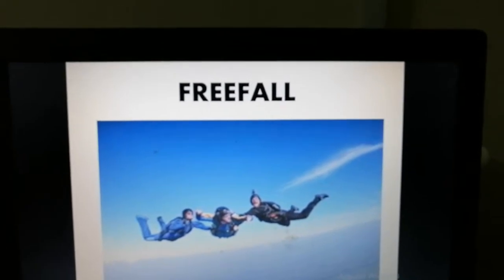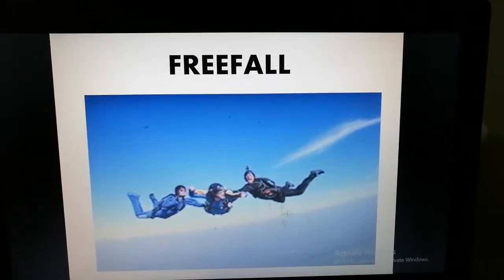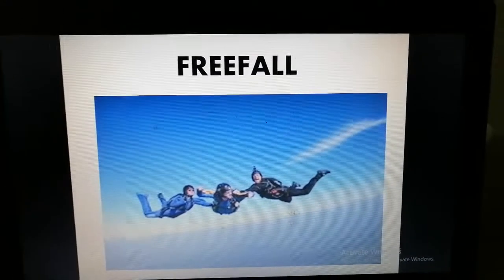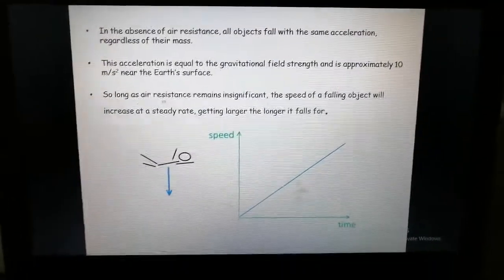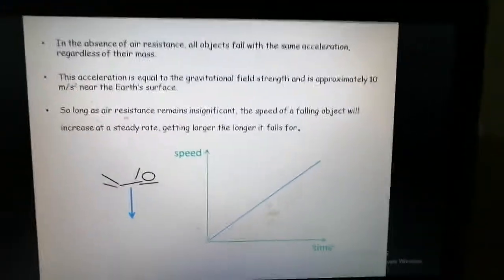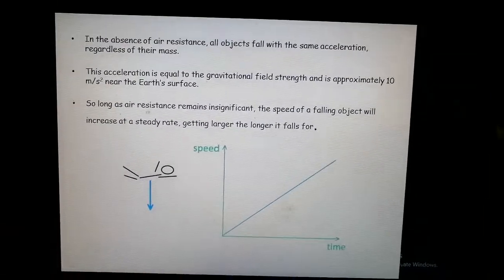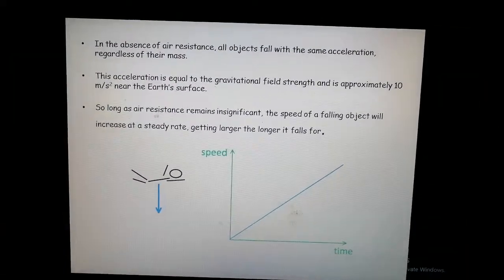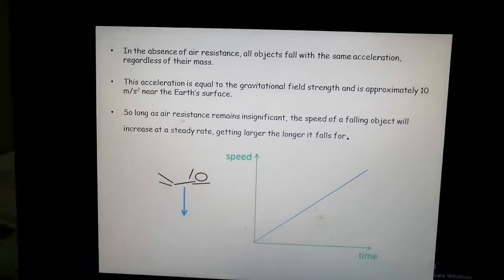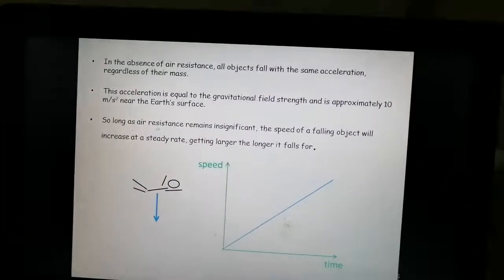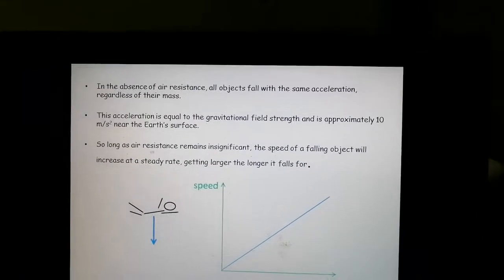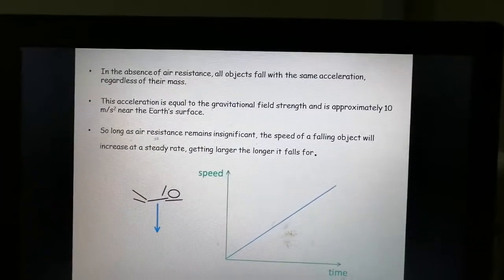Okay, so we continue our revision about free fall. In the absence of air resistance, all objects fall with the same acceleration regardless of their mass. Free fall is the absence of air resistance.